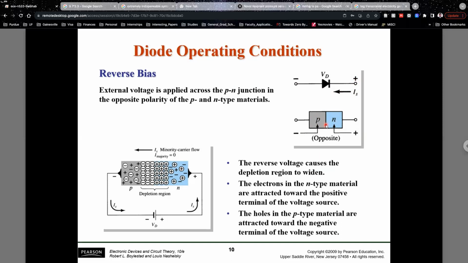But what is happening as you are reverse biasing the diode? You already had this P-N junction with a depletion region in between. Now you're applying a negative voltage to the P side and a positive voltage to the N side.